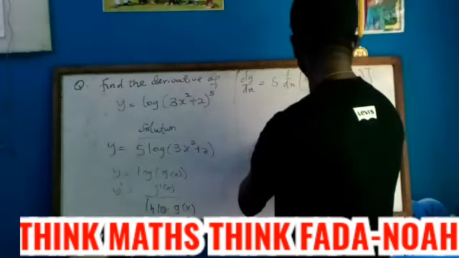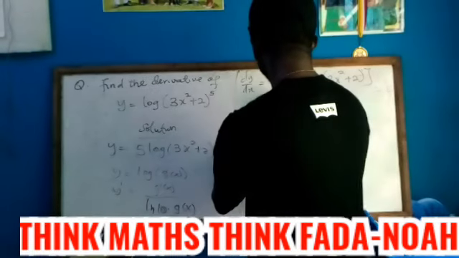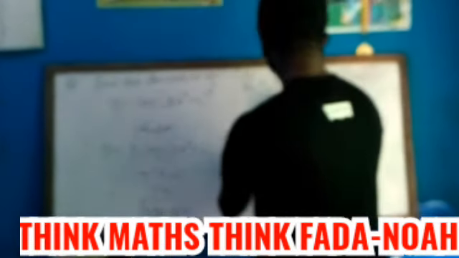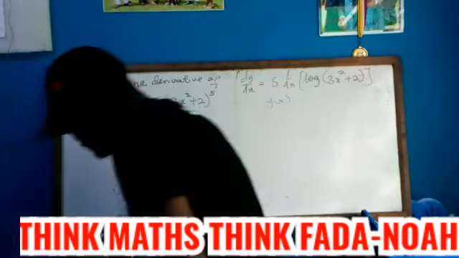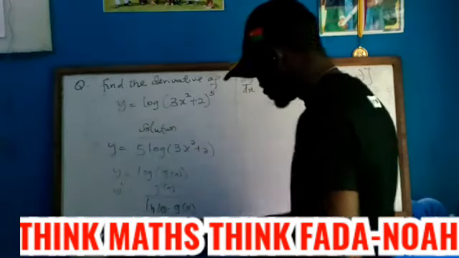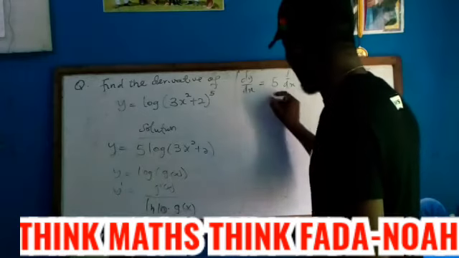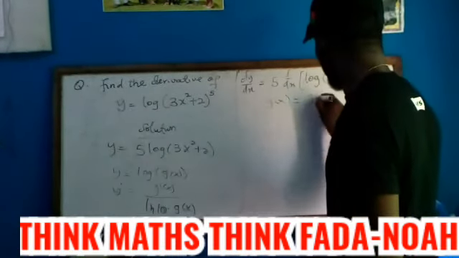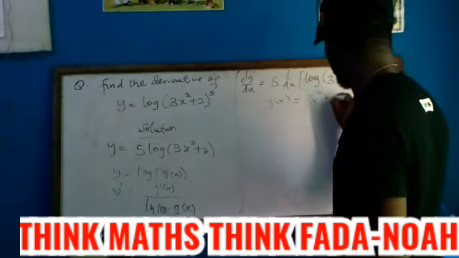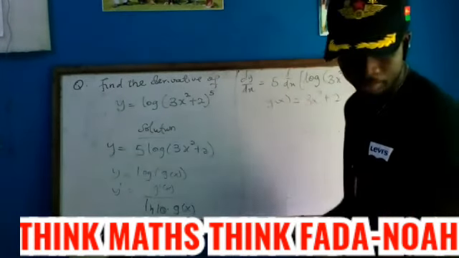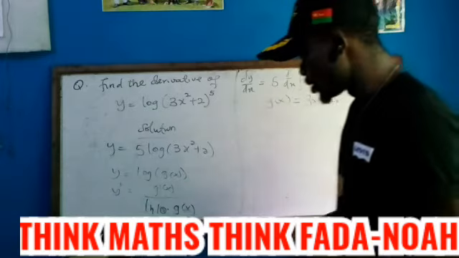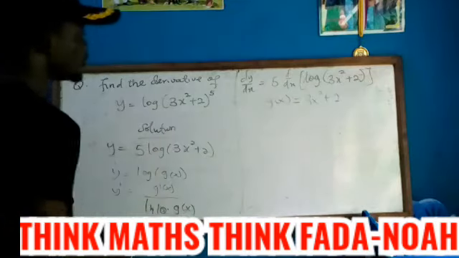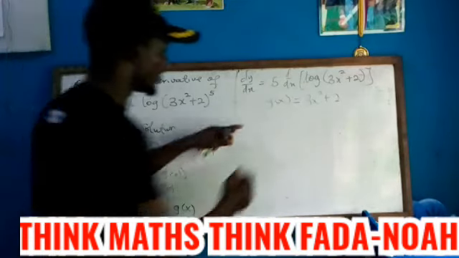So here you see that our g of x is equal to 3x squared plus 2. Alright, so we have to find g prime of x.